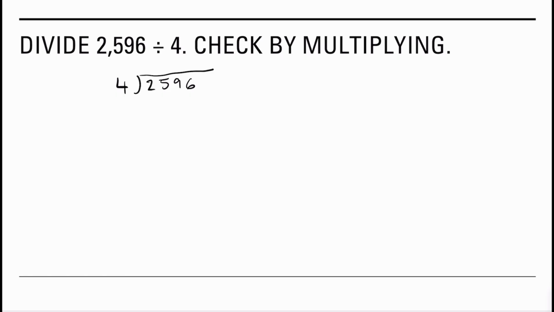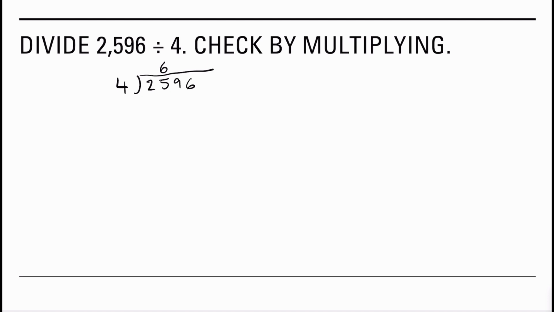So we include the 2 and the 5. Effectively what we're saying there is, how many times does 4 go into 25? 4 goes into 24 6 times, and then we'd have a remainder of 1. So we put the 6 up here.